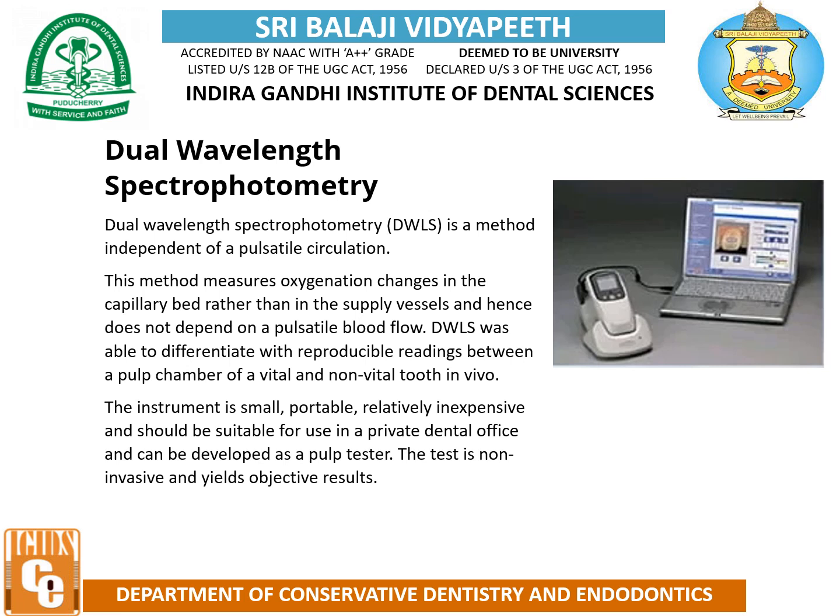Dual wavelength spectrophotometry was able to differentiate with reproducible readings between a pulp chamber of a vital and non-vital tooth in vivo. The instrument is small, portable, relatively inexpensive, and should be suitable for use in a private dental office and can be developed as a pulp tester. The test is non-invasive and yields objective results.